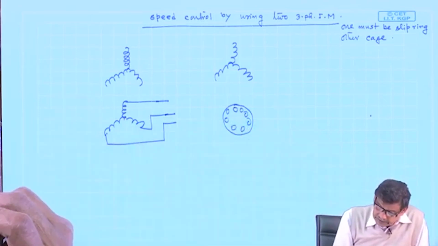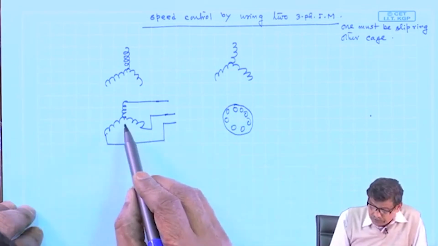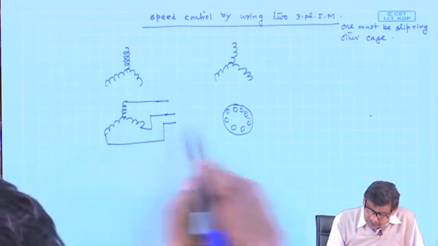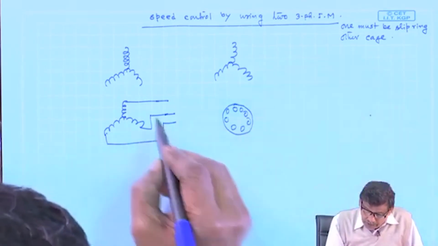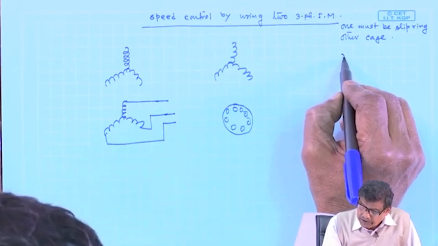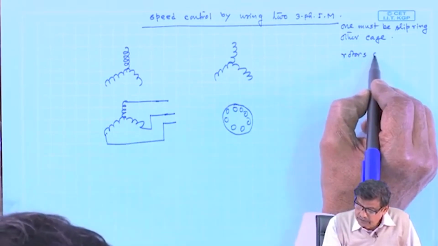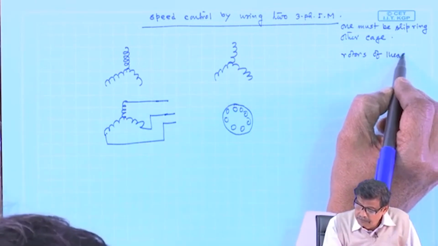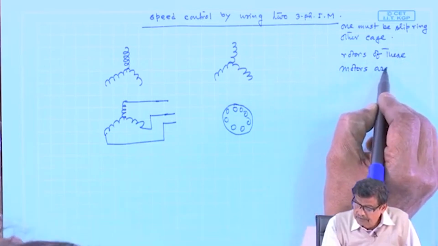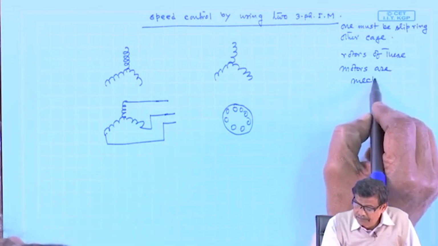Now, what is done? These two motors' rotors are mechanically coupled. I am not showing it here; I have to draw another line. The rotors of these motors are mechanically coupled.